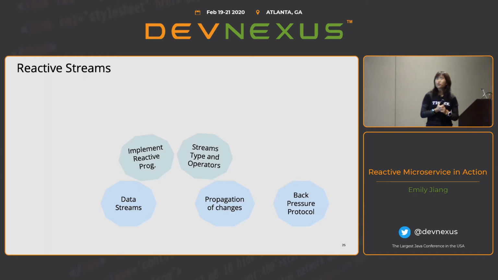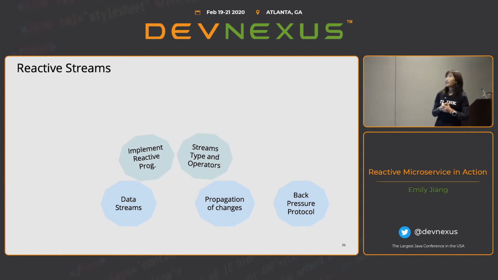Reactive streams establishes a standard for the reactive extensions. Back in 2013, Pivotal, Netflix and others came together and said, let's all work together and establish a specification for reactive programming.